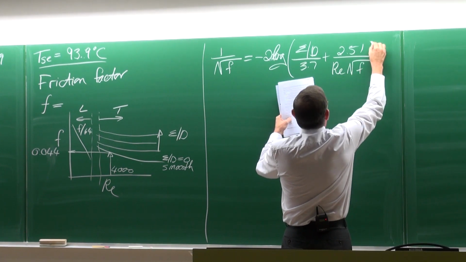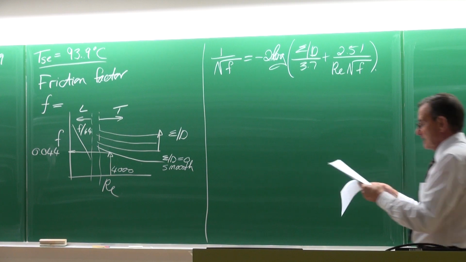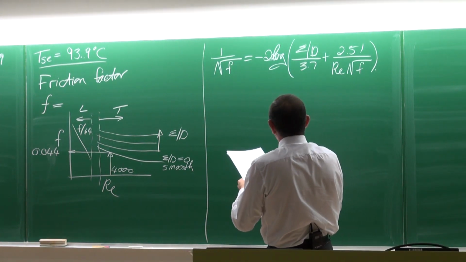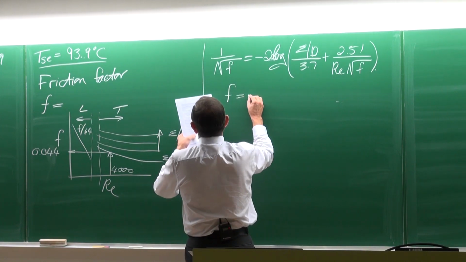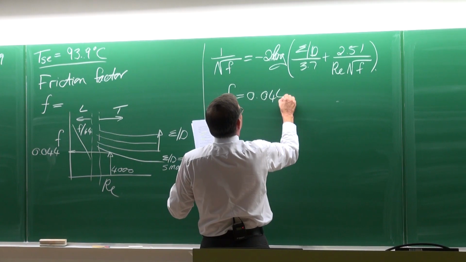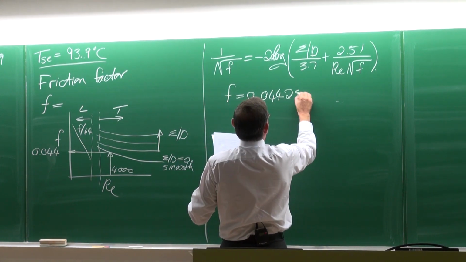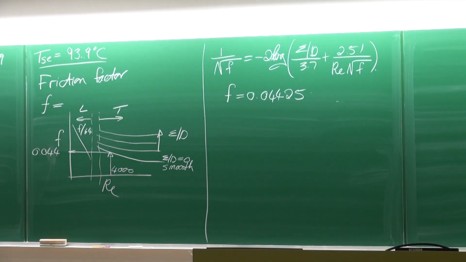You cannot solve it explicitly, you have to solve it iteratively. And if you make an assumption of the type of tube being used, you can refine it to a friction factor of 0.04425. More accurate, of course, if you do it like that.